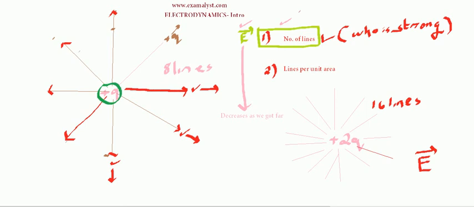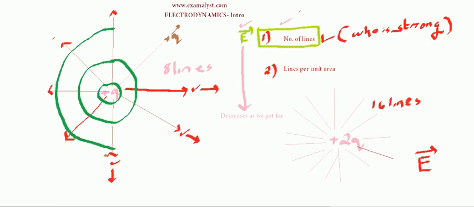The total number of lines is 8. If you calculate here, the total number of lines is 8. If you calculate here, it is 8. Hence, total number of lines cannot represent electric field, because the geometry that represents electric field must also decrease with distance. So we have a problem.